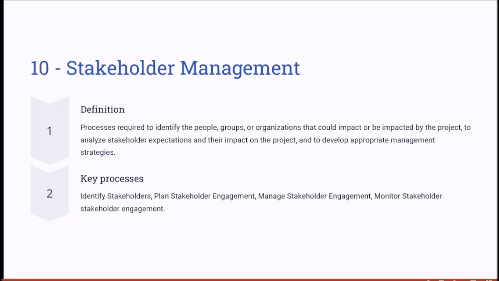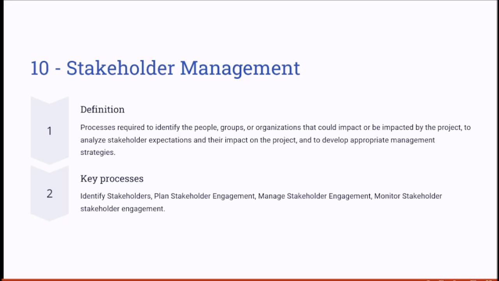The next key process is to plan stakeholder engagement, which is the process of developing approaches to involve the project stakeholders based on their needs, expectations, interests, and potential impact on the project.